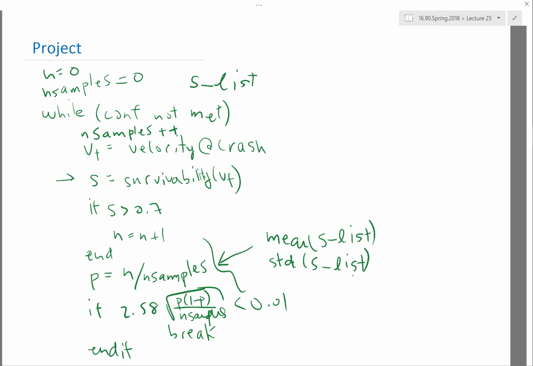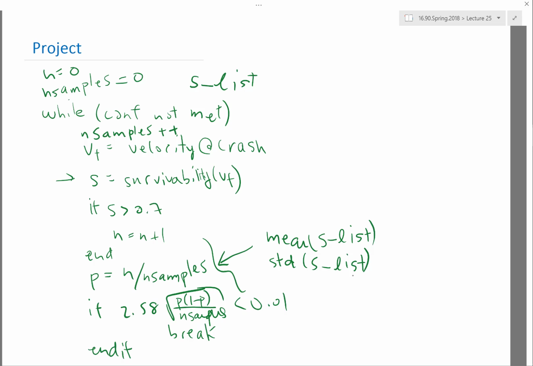So does the p times 1 minus p represent the standard deviation? Yeah, that's the standard deviation of an indicator variable.